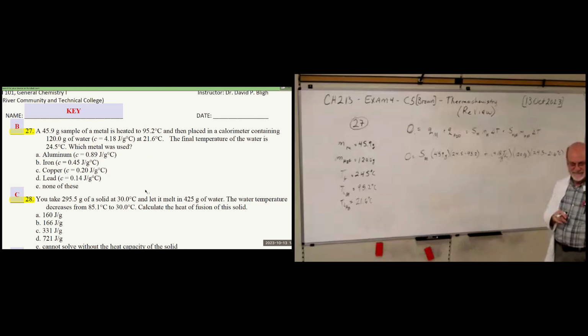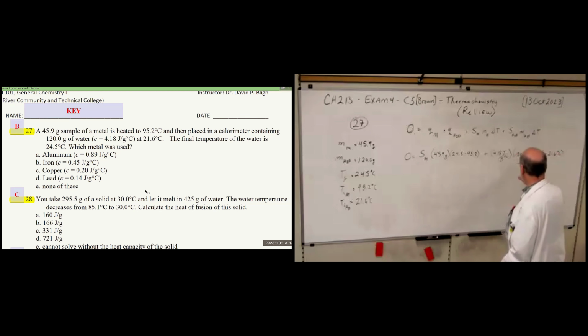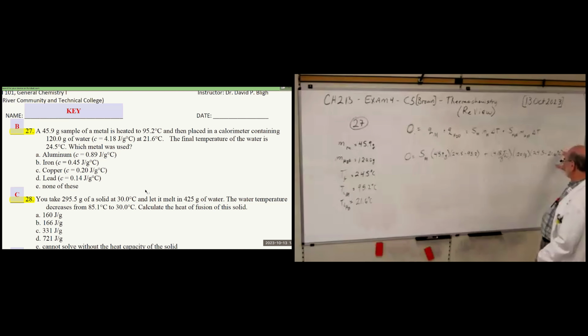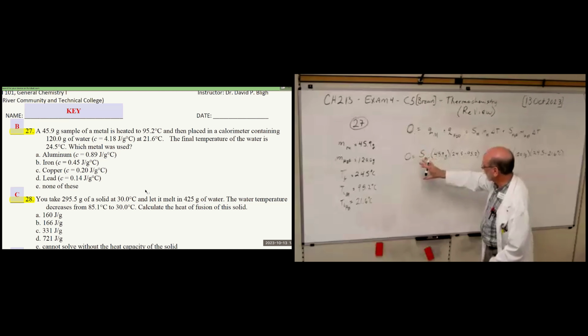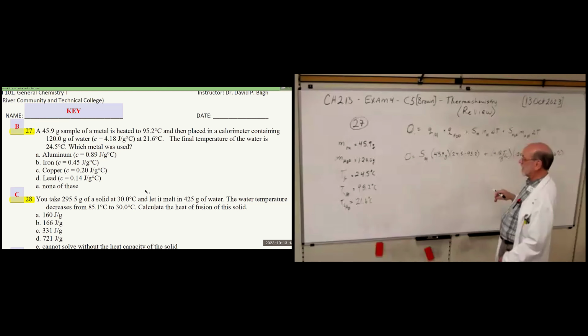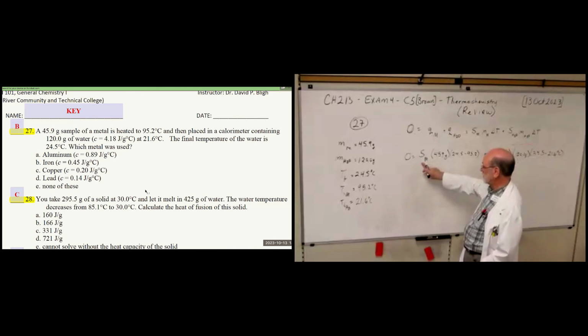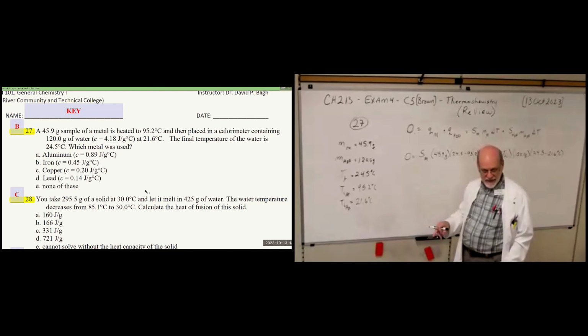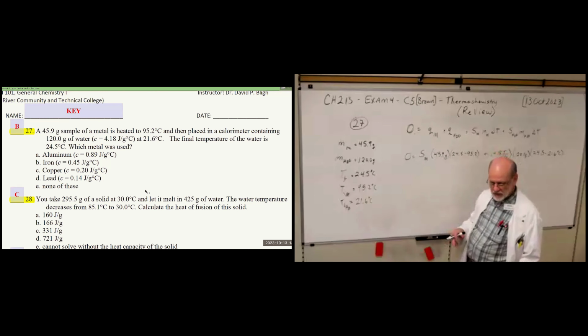That's the hard part, setting it up. The rest is just be sure you don't make any mistakes calculating. So we calculate a value for this one, calculate a value for that one, and then we solve for this one right here. And it should come out to 0.45.